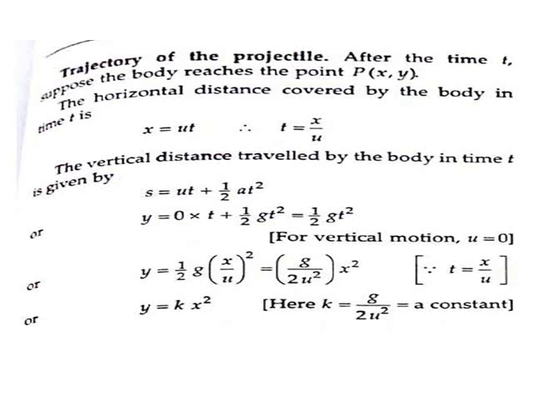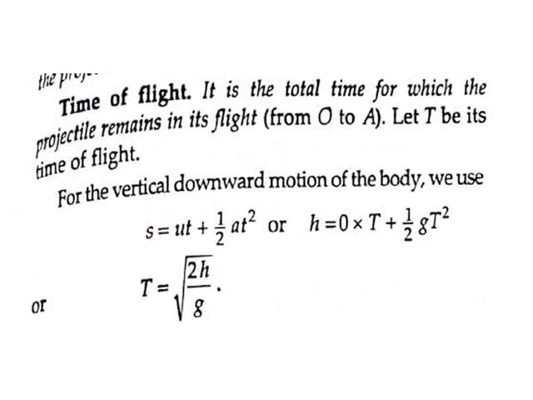And this is the equation of a parabola. So again the path followed is a parabola. For time of flight, the time taken from O to A, again by using the second equation of motion and putting small t equals capital T, you get T equals square root of 2h by g.